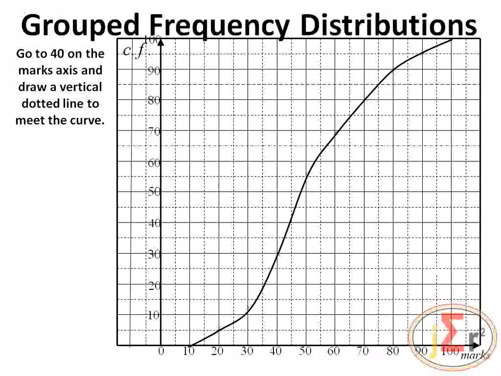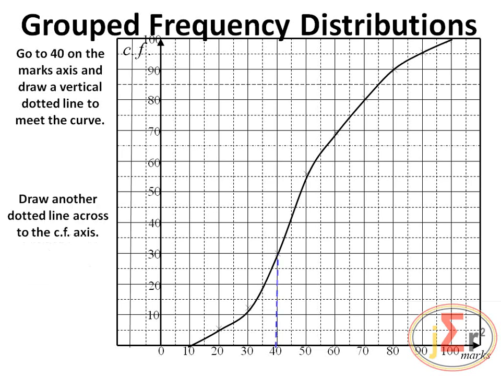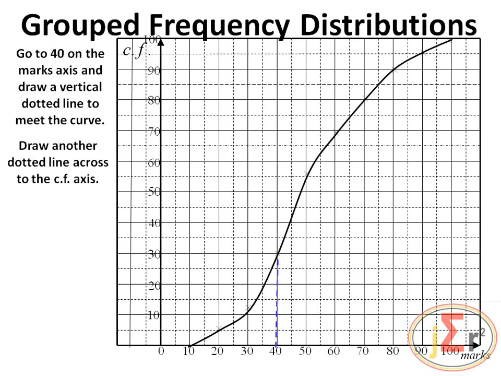So that's our vertical dotted line that meets the curve from where marks is equal to 40. So we need to find out those who get less than 40, so we have to find the associated cumulative frequency value. So draw another dotted line across to the cumulative frequency axis.